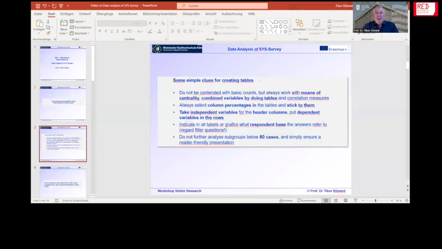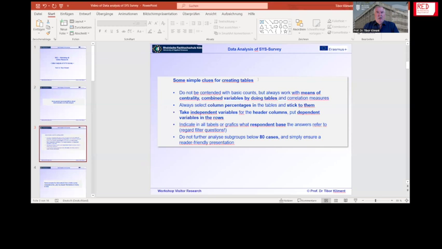The very first recommendation is that when you're doing your analysis, do not restrict yourself to basic counts, just looking at frequencies of distribution of answers among different questions.